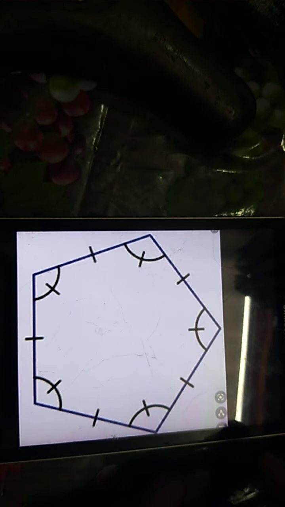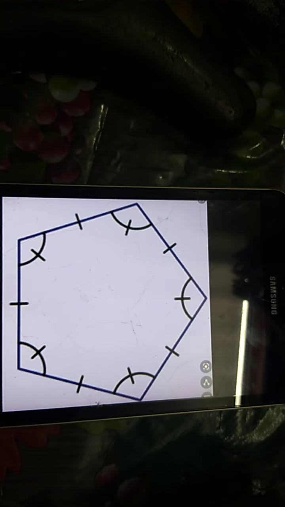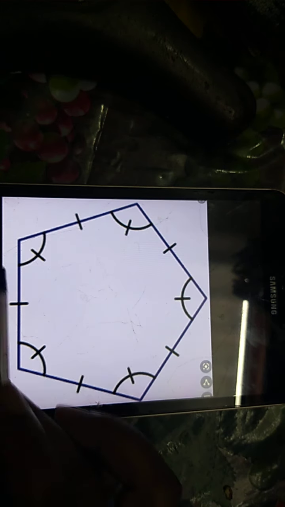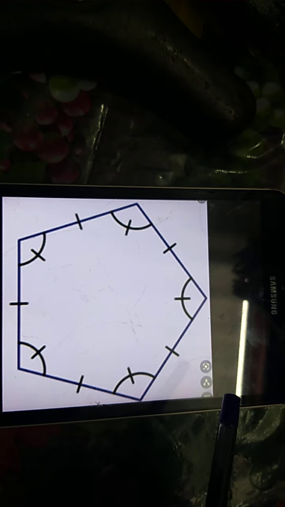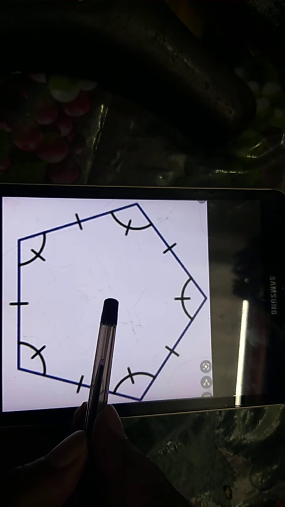So this is the thing which I want to convey to you, that if all the vertices are engaged with equal amount of charge, then the net electric field is going to be zero.